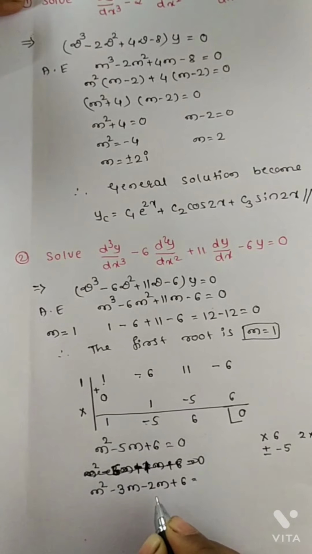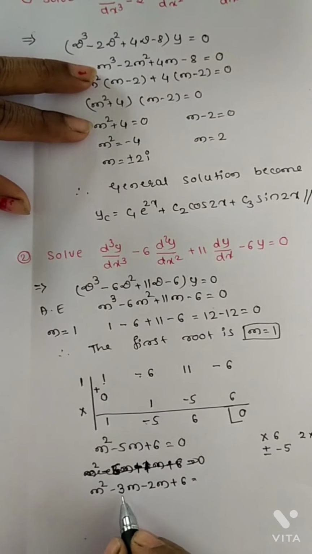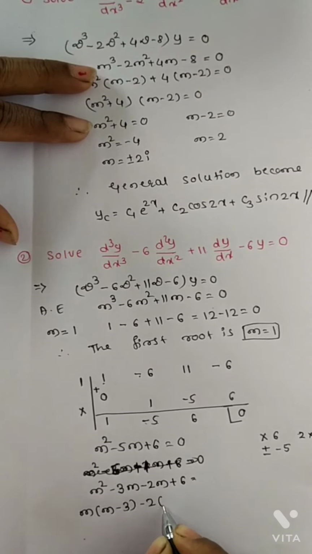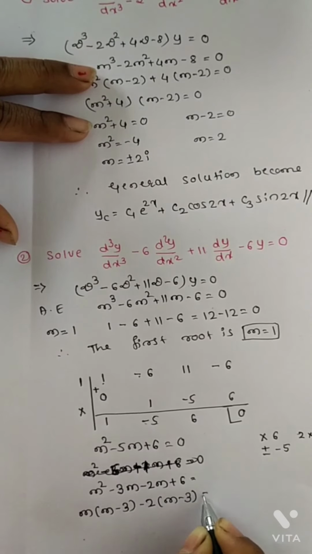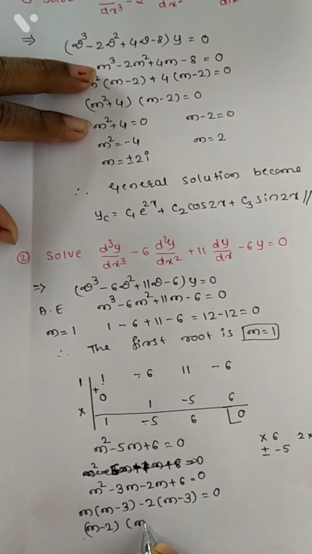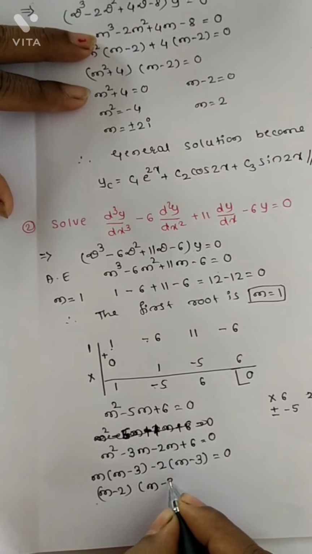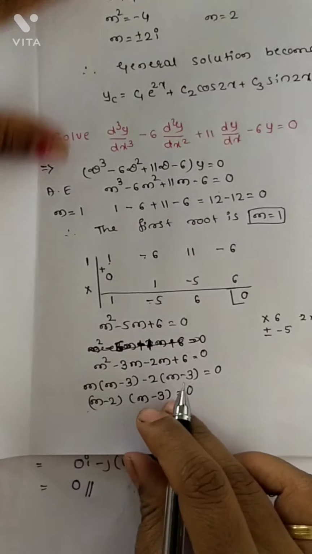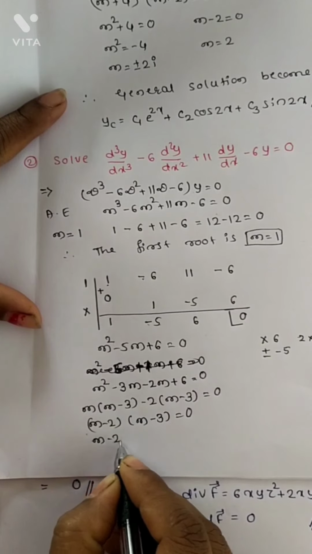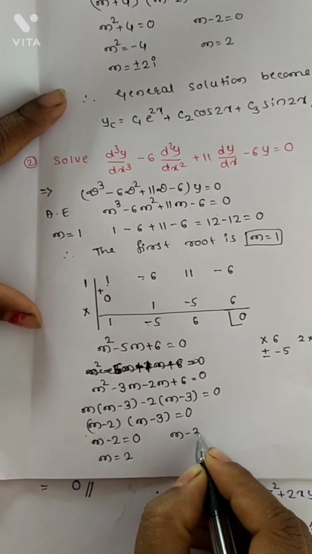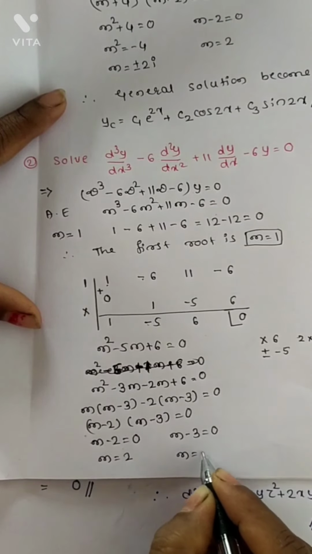Minus 3 into minus 2 becomes plus 6, and minus 3 minus 2 is minus 5. Take m common: m minus 3. Take minus 2 common: m minus 3 is equal to 0. Now m minus 2 and m minus 3 is equal to 0. Now the roots become: m minus 2 is equal to 0, m is equal to 2; m minus 3 is equal to 0, m is equal to 3.